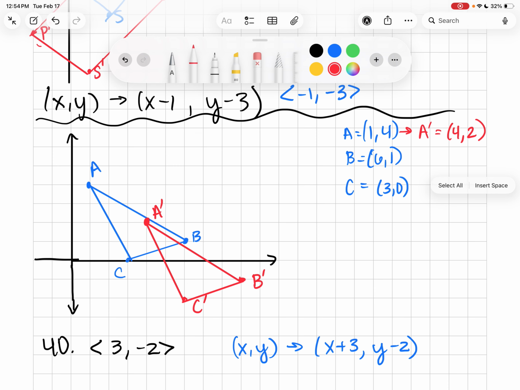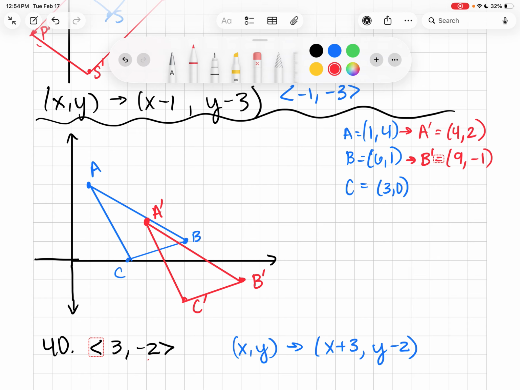For B at (6, 1), B prime, we take 6 plus 3, and so that is 9, and then 1 minus 2 is -1. So again, I could do (9, -1), and I would see that that's where that point is.